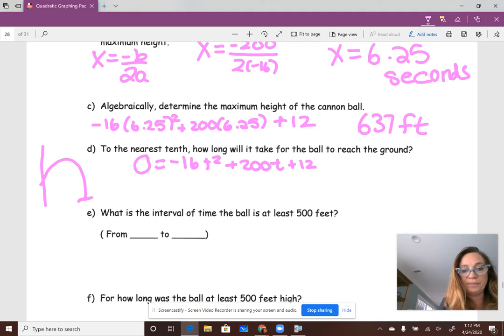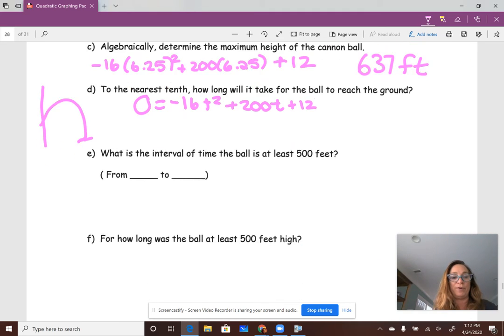plus 12. All right. So again, I would totally quadratic formula this thing. The reason I would quadratic formula this thing is I'm quite certain, because it says to the nearest, I keep pointing at it and you can't see that I'm pointing at it, to the nearest tenth. That's like a major hint that this is not going to be an integer value. All right.